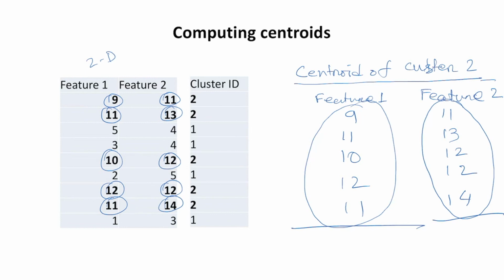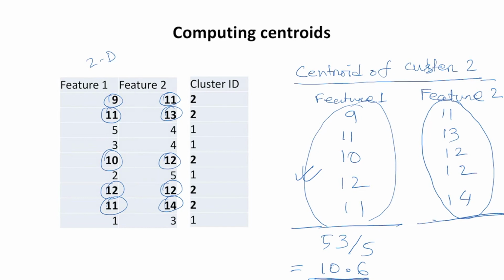If we take the average of all these numbers here, we get 9 plus 11 plus 10 plus 12 plus 11 divided by 5, which results in 53 divided by 5 equals 10.6. So the average in feature 1 for cluster 2 is 10.6. Now let's take a look at feature 2.